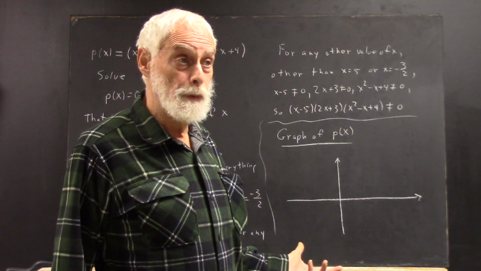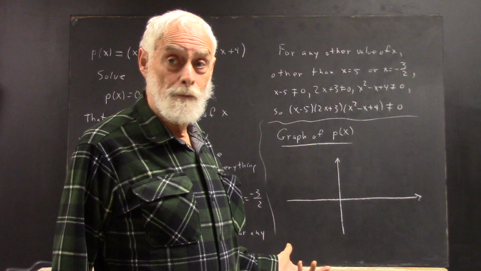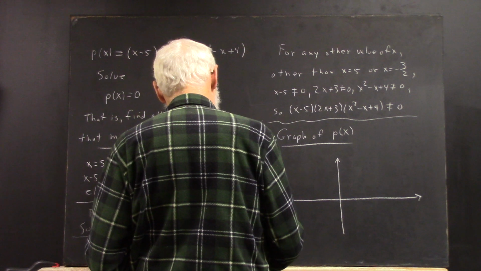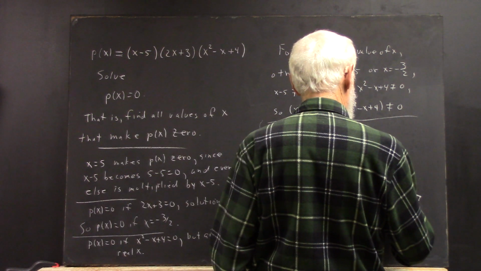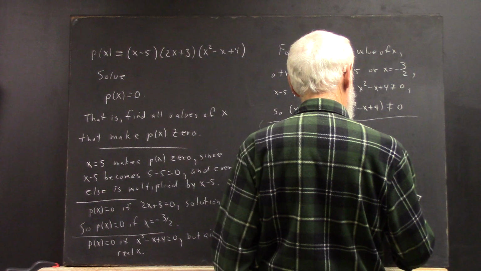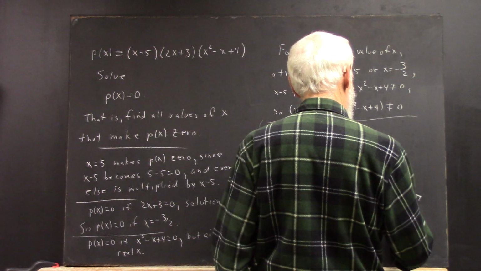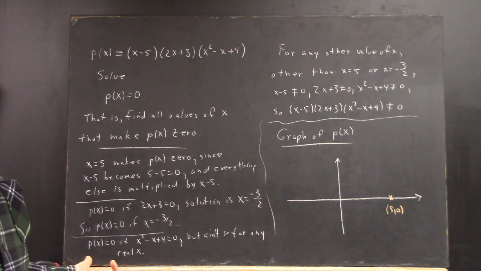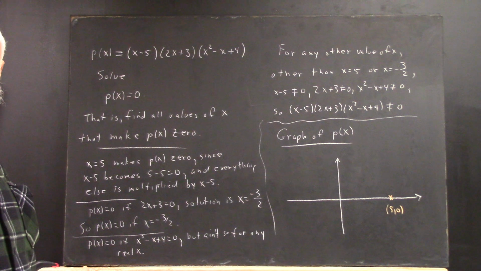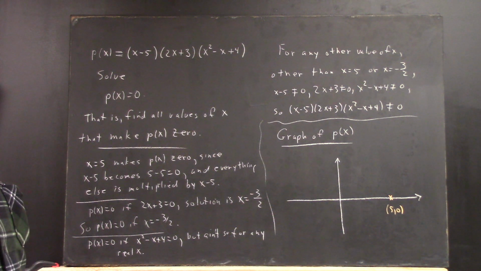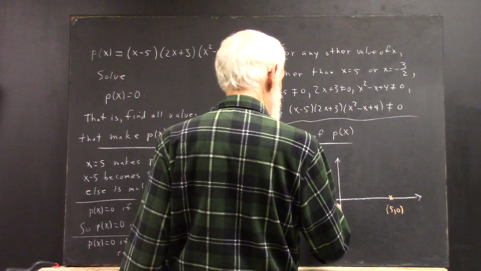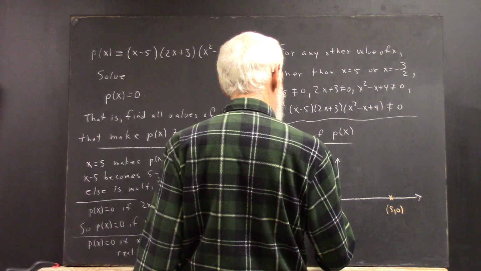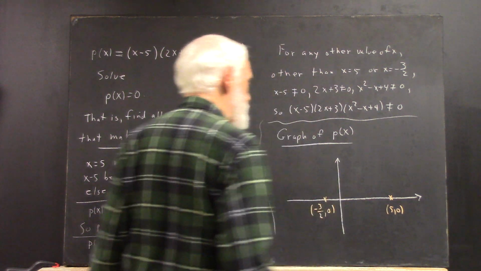What are the coordinates of our point? 5, 0, right? So now, 5, 0 is a point on the graph, and so is what? What's another point we're sure of? -3/2, 0. Okay?